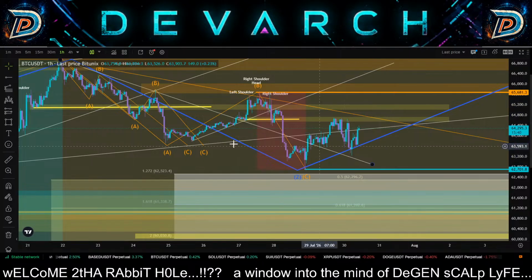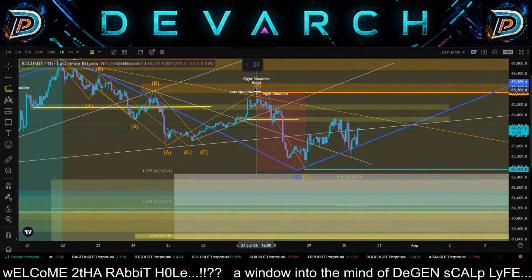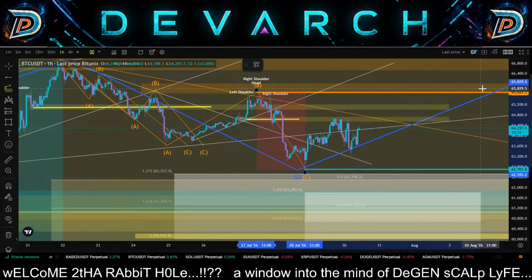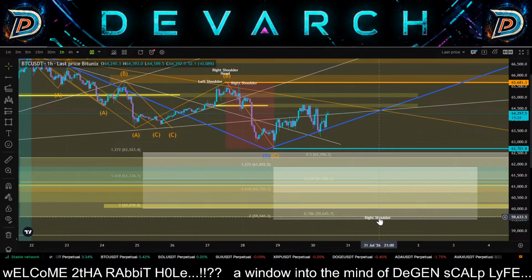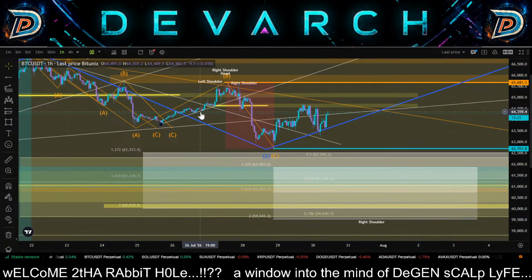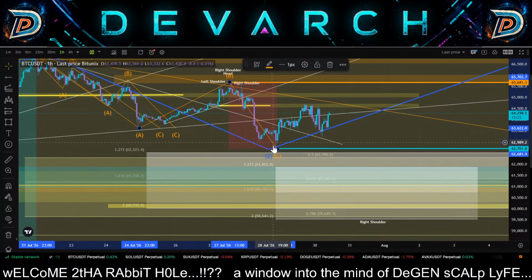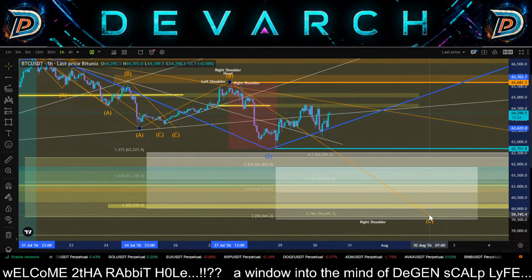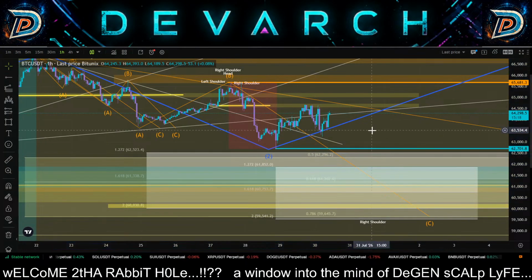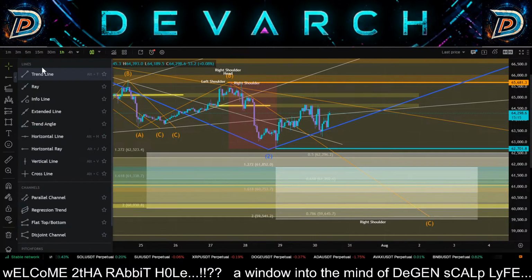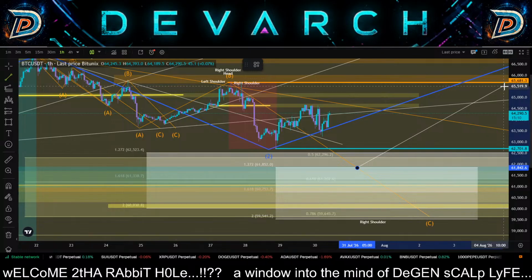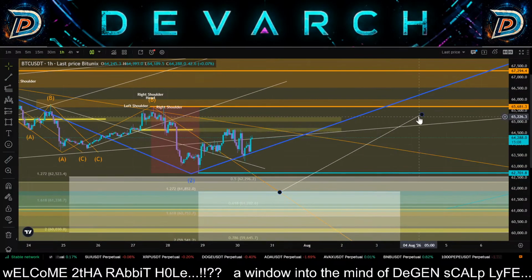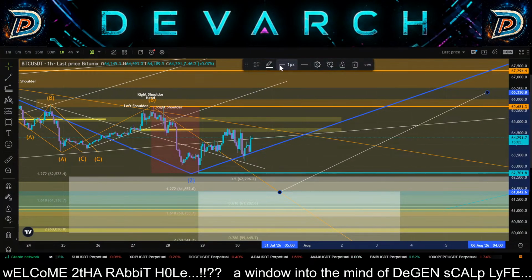Let's put a wave extension, because let's put some mapping in on this fractal, and it should line up with some confluence with the other ones. Let's extend this down. Let's make some blue projections.